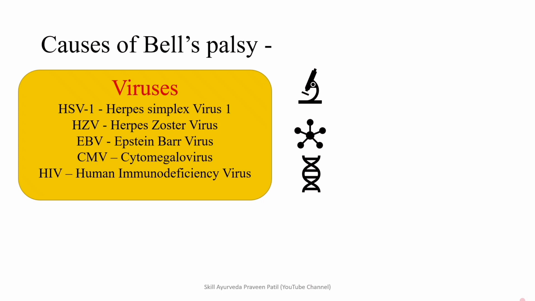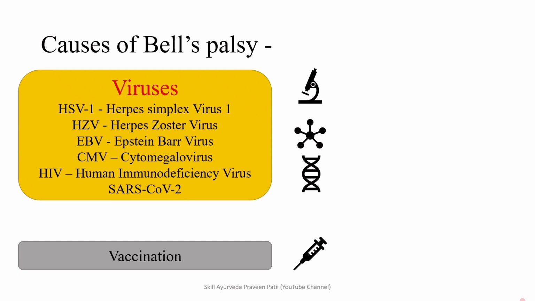Nowadays reactivation of SARS-CoV-2, that is COVID, is said to be one of the causes. Sometimes even certain vaccinations cause the reactivation of some viruses or trigger the viruses. So that is becoming a cause for Bell's palsy.